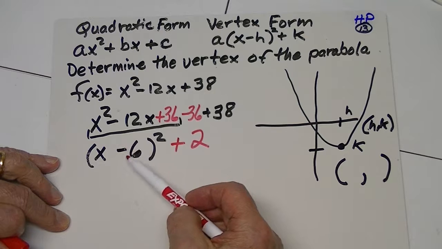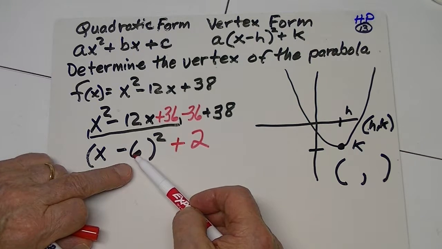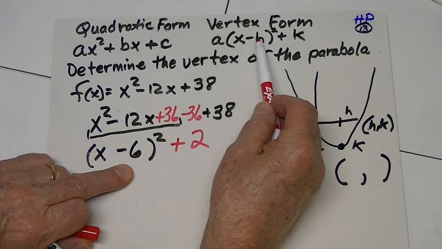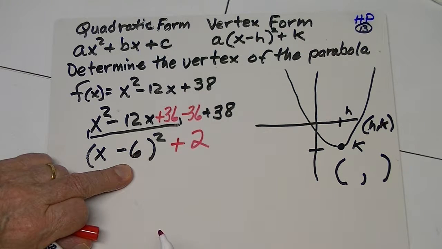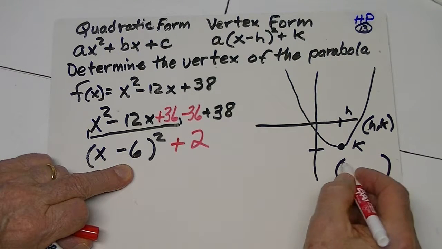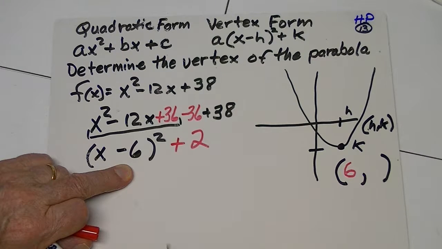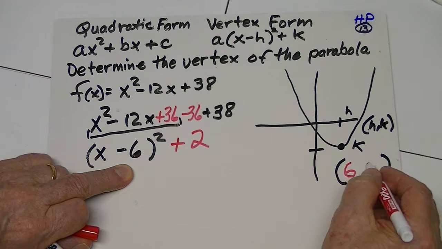Now, a key to this is when you pick your h value out, what was it originally, so that when it went in this form, it became a -6. Well, in order for it to become a -6, originally it had to be a +6. And our k value is right there as a 2.